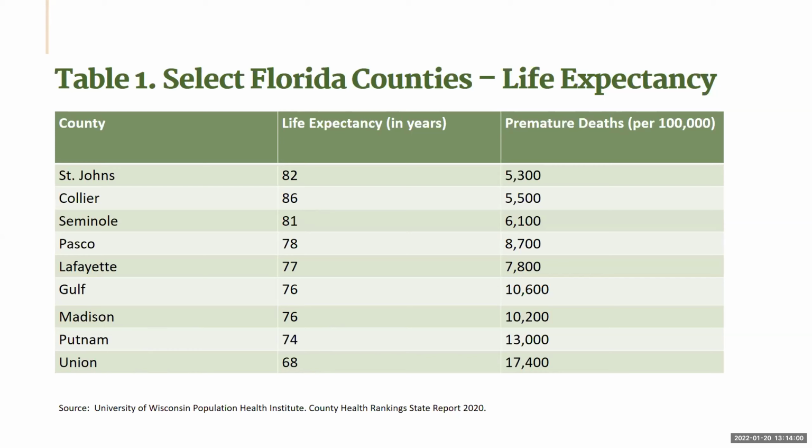So there's a 14-year difference in life expectancy between Union and St. Johns County. If you're born in St. Johns County, your life expectancy is 82 years. If you're born in Union County, your life expectancy is 68 years. Now, of course, I don't mean to minimize, because there are lots of other factors at play, but that's just a big picture outlook for those particular counties.